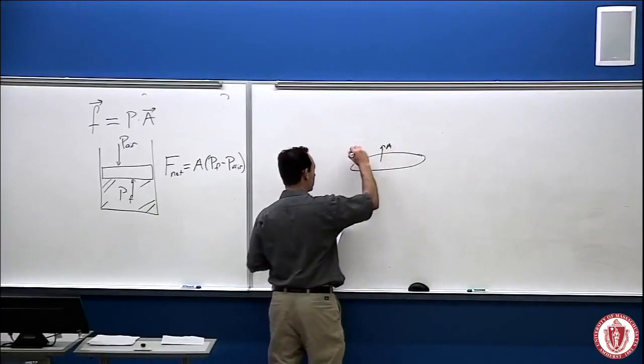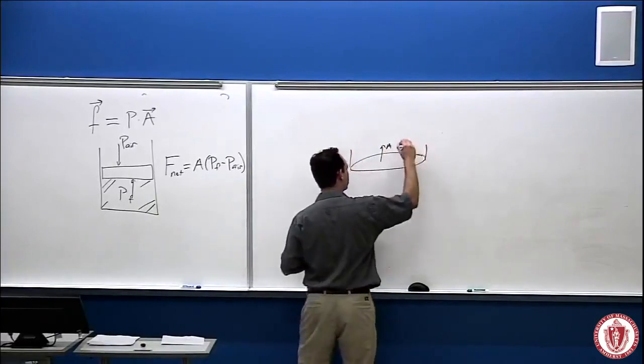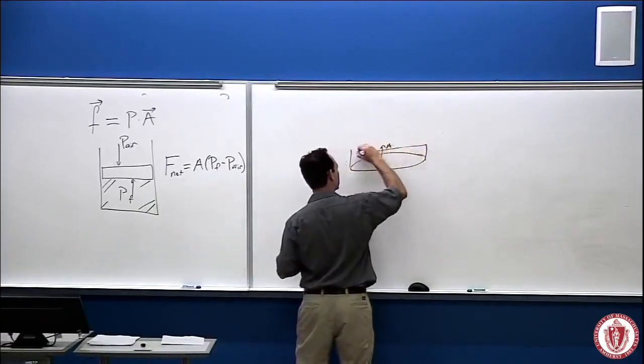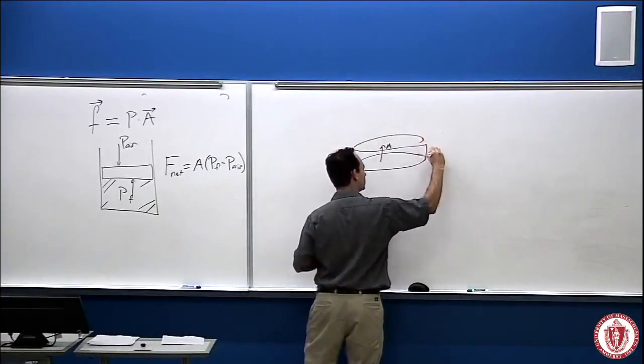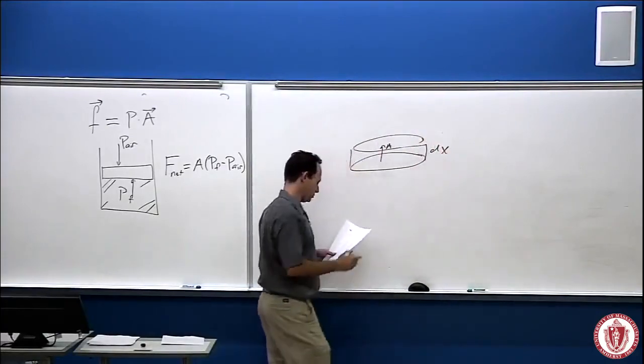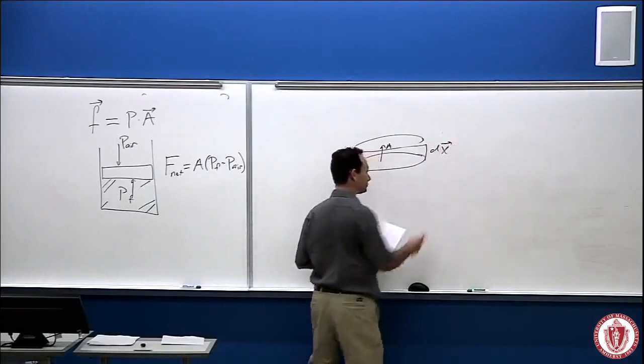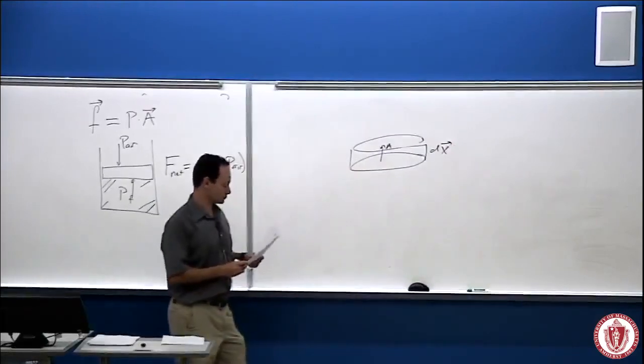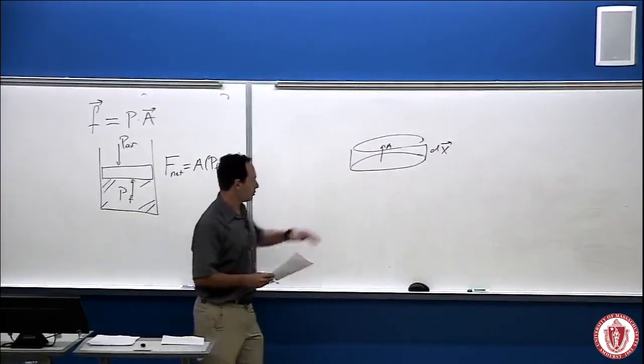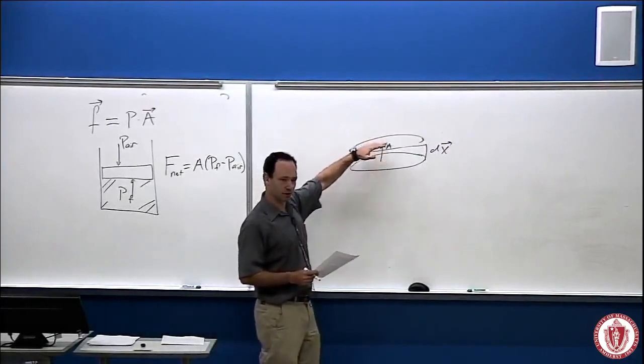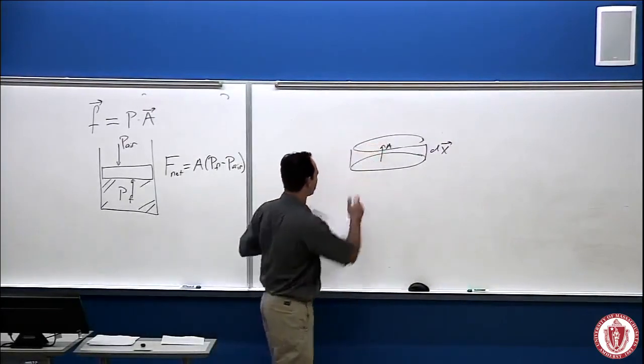Let's say it moves up some small distance dx to a new position. Notice that when that area moves up a little dx, it sweeps out a volume.